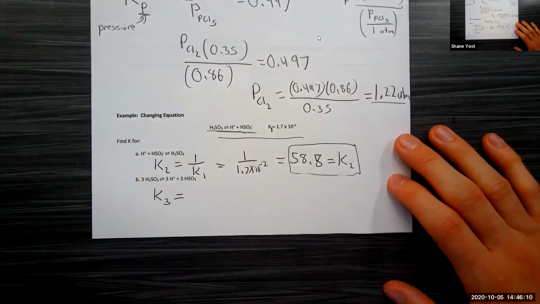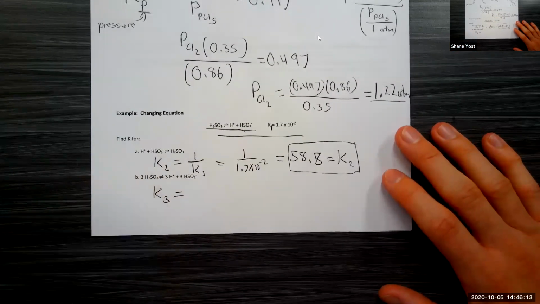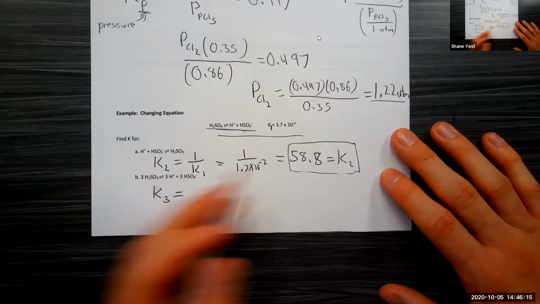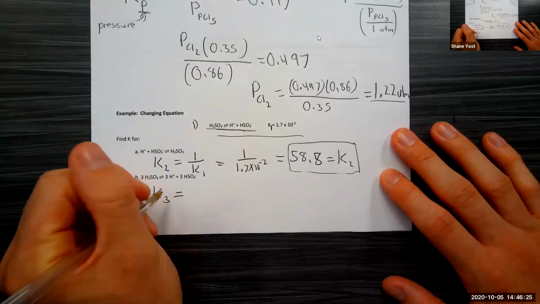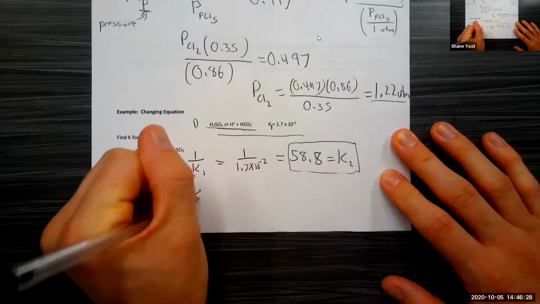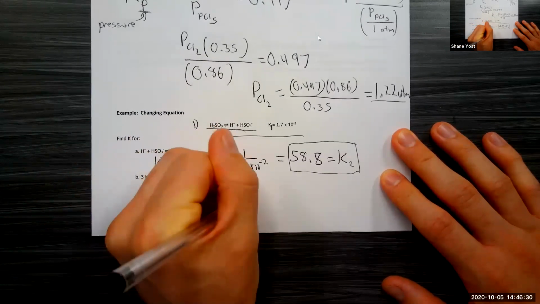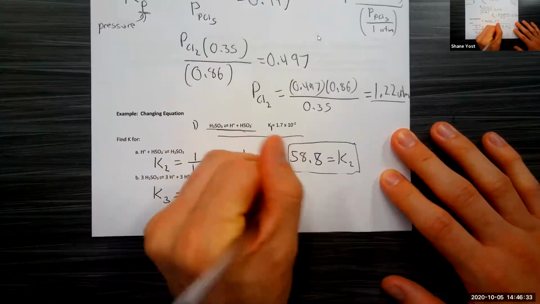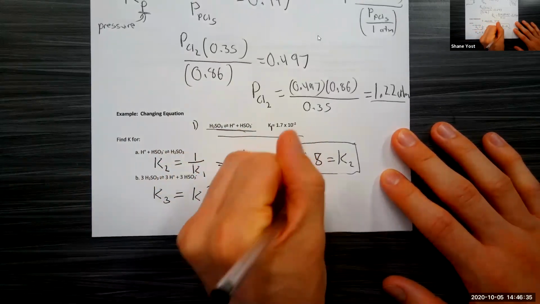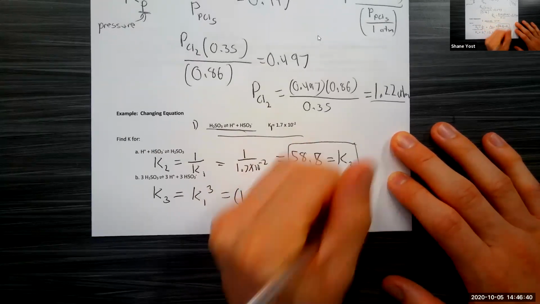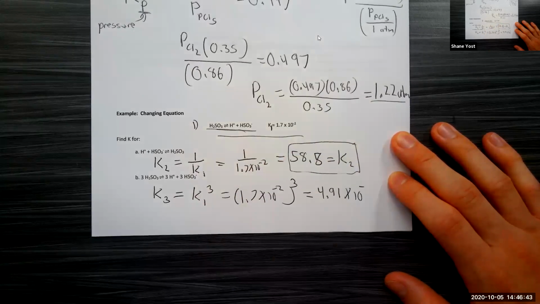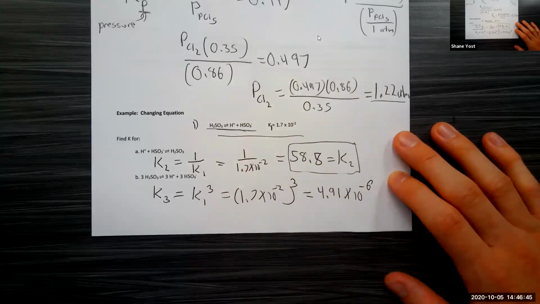Then what about for reaction B? How is that equilibrium constant related to the equilibrium constant of reaction 1? It's K1 cubed, which is 1.7 times 10 to the minus 2 to the 3 power, which ends up being 4.91 times 10 to the minus 6.